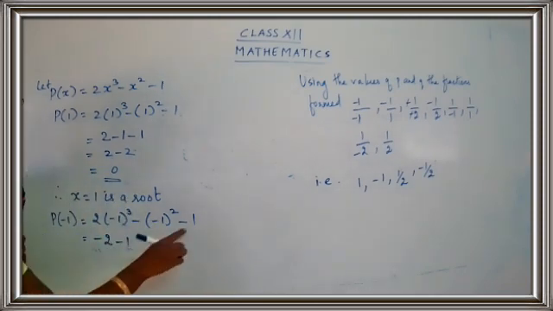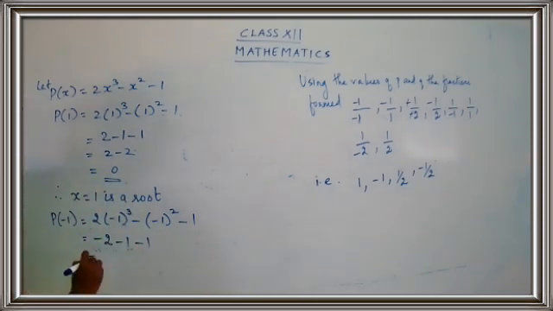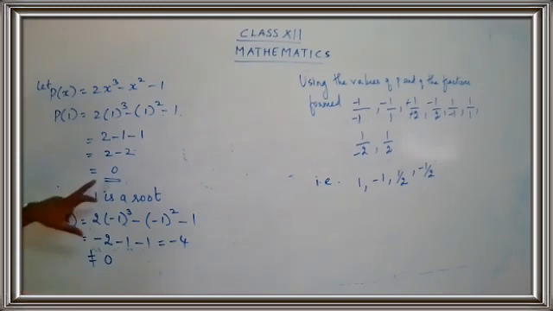So minus 2 minus 1 minus 1, what you get as the answer is minus 4, which is not equal to 0. So we can say that minus 1 is not a root. But I am not concerned about what is not a root. I just want the value which is a root. So I got the answer for 1 as 0, so x is equal to 1 is a root.